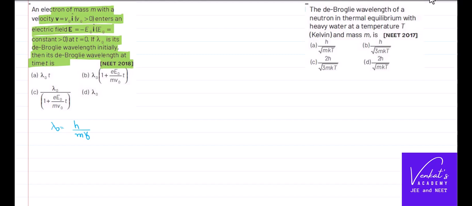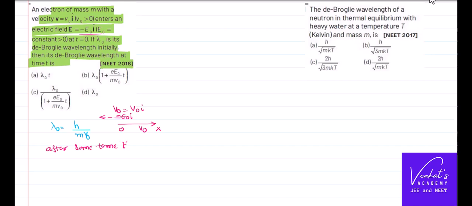Now what he is saying is, after some time t, see, the electron is given that v equal to v naught i cap, that means it's moving along the positive x-axis with a velocity v naught. But the electric field is minus E naught i cap. The electric field is applied like this, minus E naught i cap.